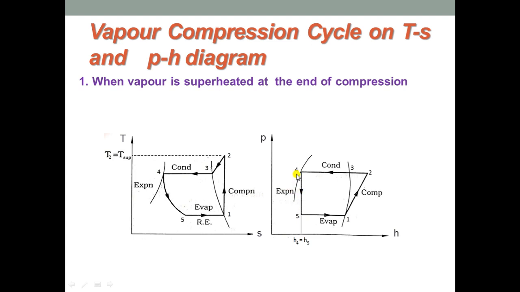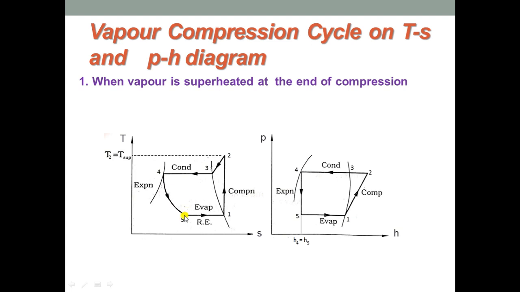Due to the drop in pressure, the liquid starts boiling, and the required heat is provided by the refrigerant itself. Consequently, the temperature falls below that of the surrounding atmosphere, and at the end of this process the refrigerant is partly in the liquid and partly in the vapor phase.